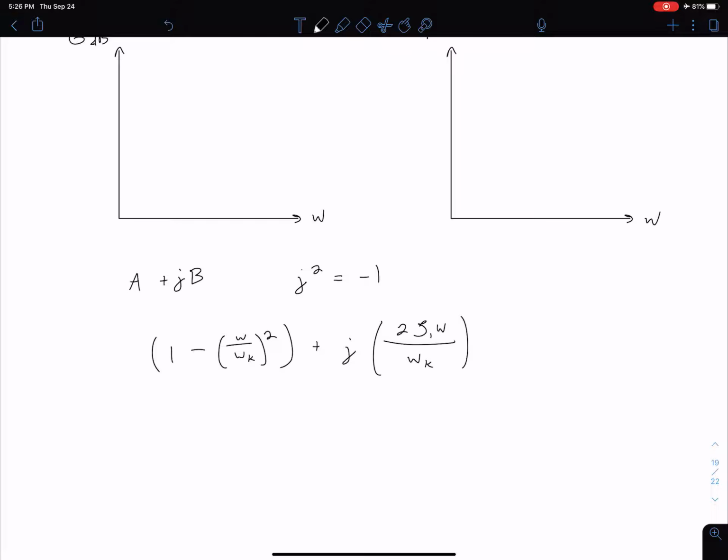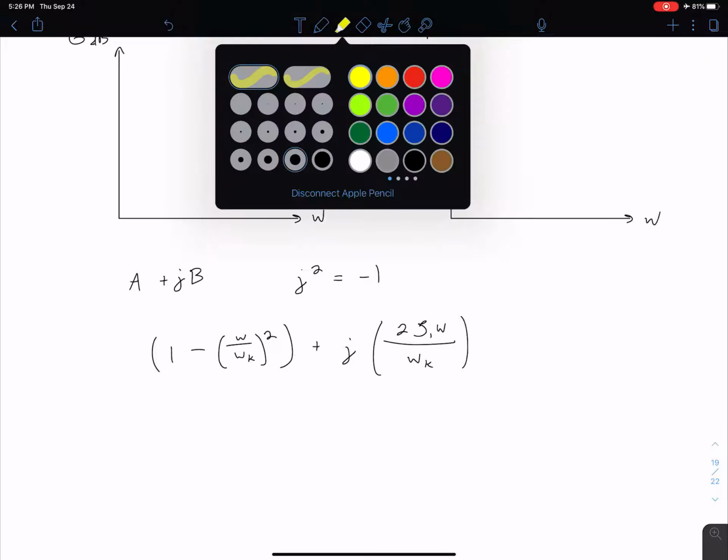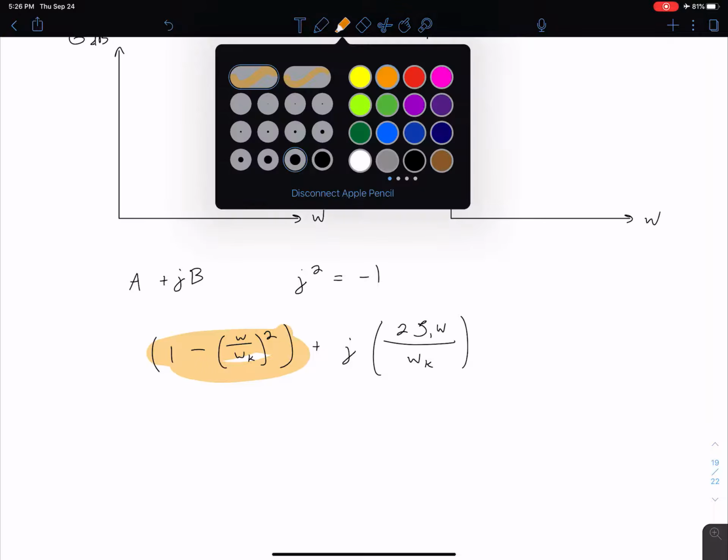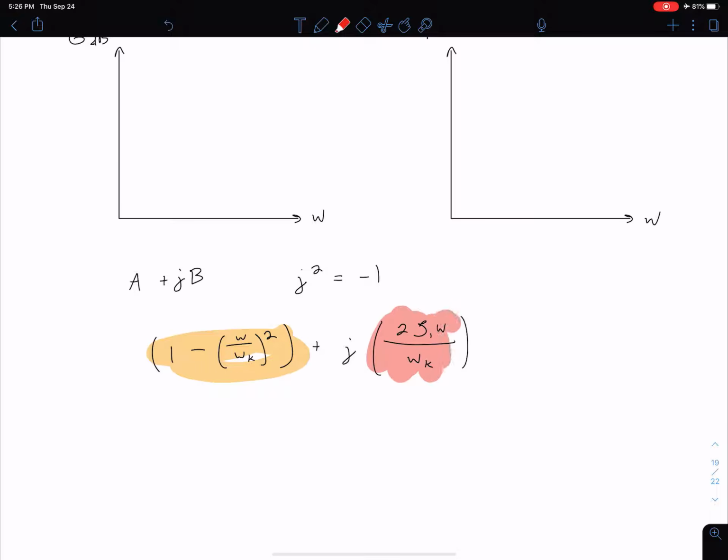So we have our a component here, and our b component here. Notice what's different here compared to all the previous ones we've seen is that now we have an omega term in both the real part as well as the imaginary part.